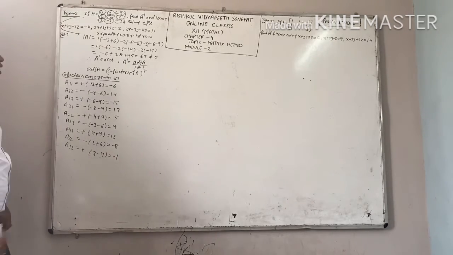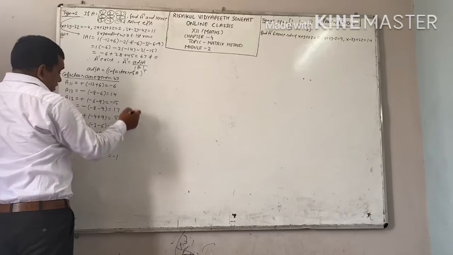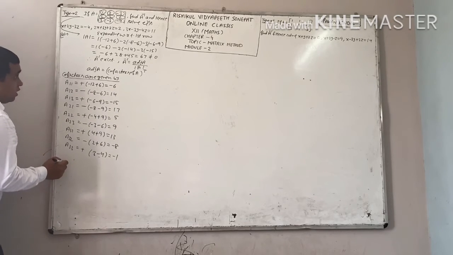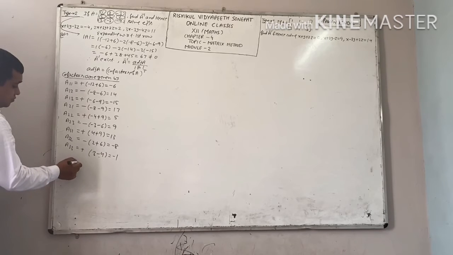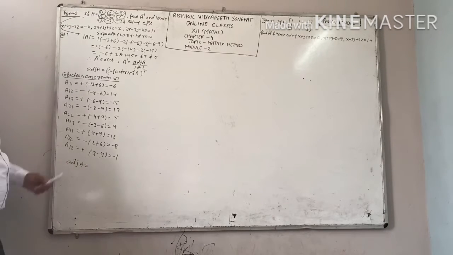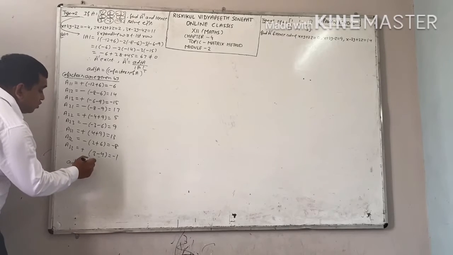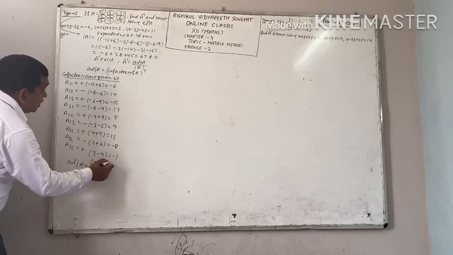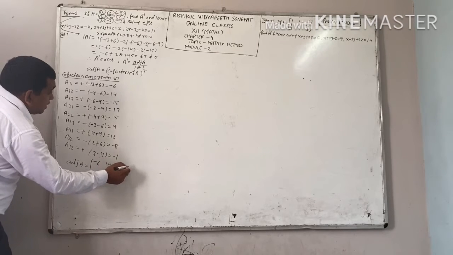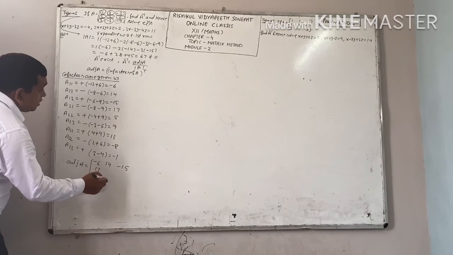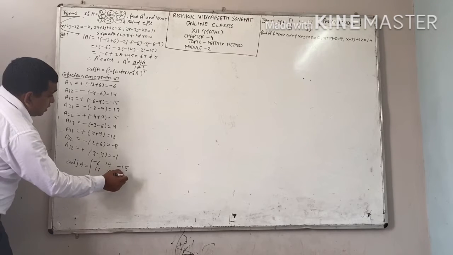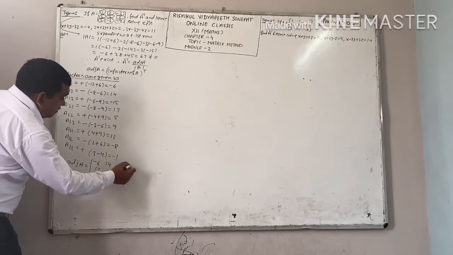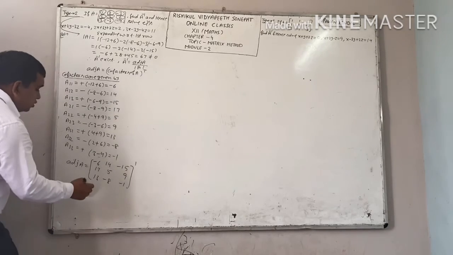These are the cofactors. Therefore, find out A inverse. A inverse you know very well. First of all, write down adjoint of A: cofactors of A whole transpose. I am writing cofactors here. Cofactors are minus 6, 14, minus 15, 17, 5, 9, 13, minus 8, minus 1, and we have to take its transpose.